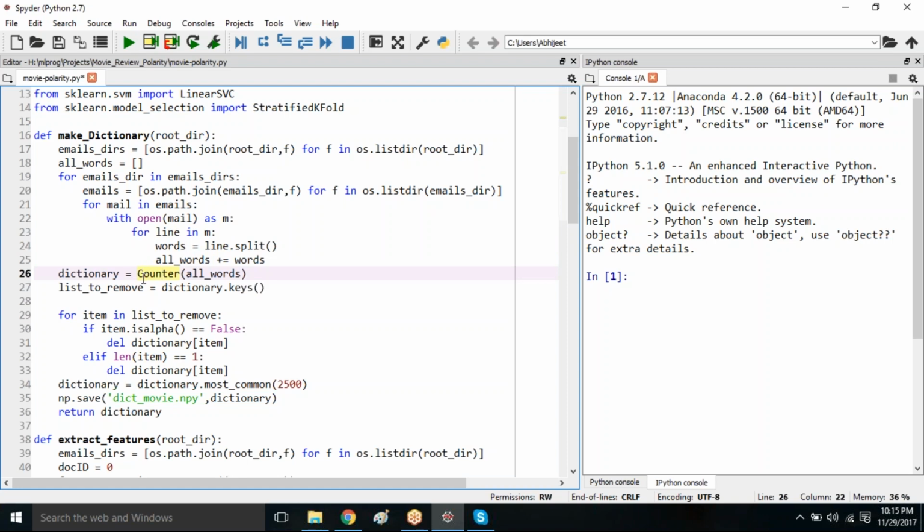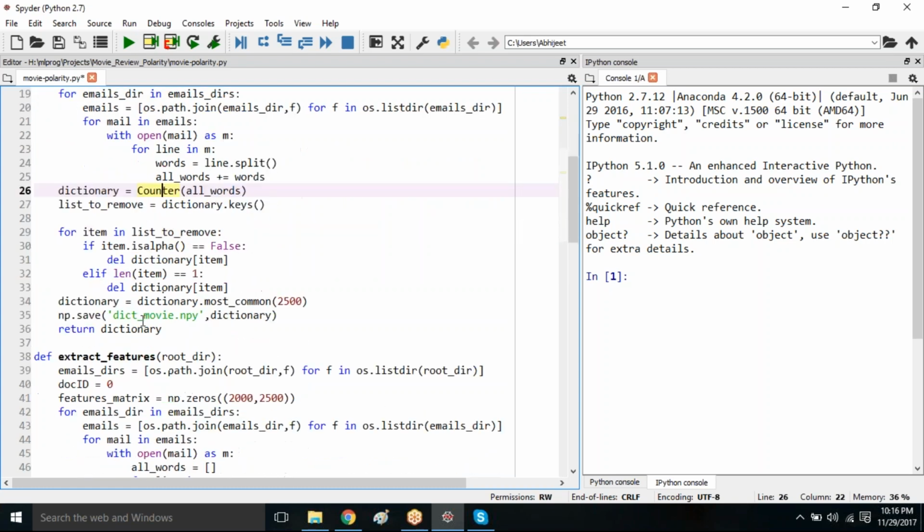You pass this through a counter, and the counter will give you the count for each word. Like that you can say that this dictionary has been made.